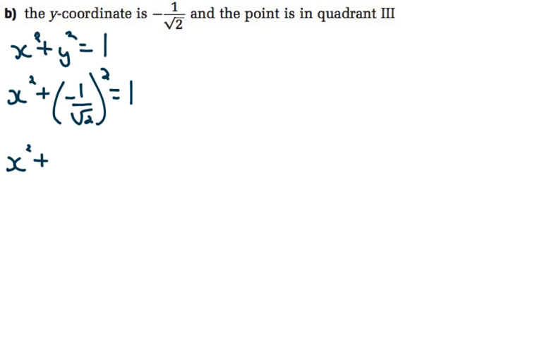When we square -1/√2, we get 1/2, because -1 squared is 1, and √2 squared is 2. Knowing that we'll need a common denominator, 1 is actually 2/2. Subtract that 1/2, so we get x squared equals 1/2.